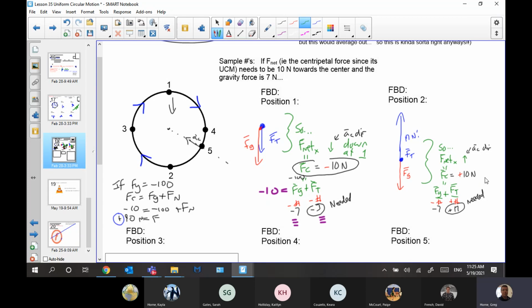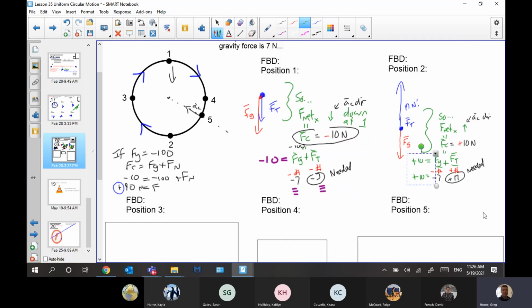It's a little easier to show positive 10. And what would that lead to? Well, if we want a positive 10 result, this would have to be positive 17. If you solve this out, add 7 to both sides, it would have to be positive 17. So in other words, you need lots of lift force to make this thing go in vertical circular motion, as we talked about with the bucket.